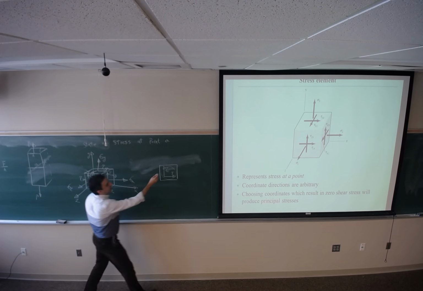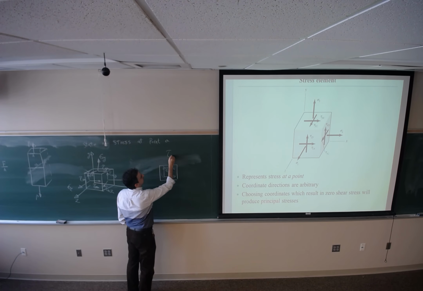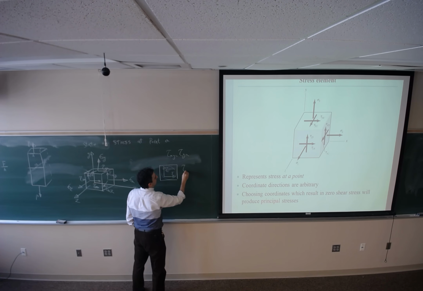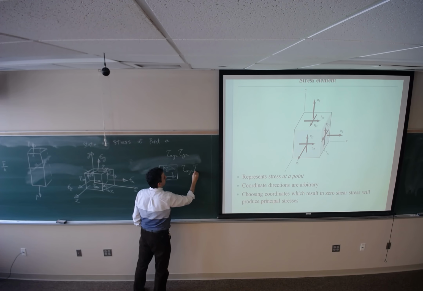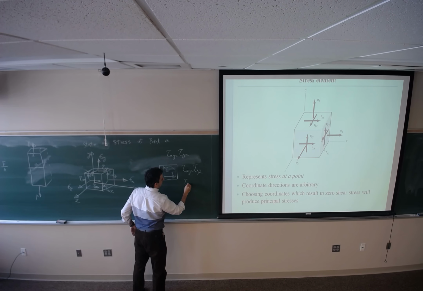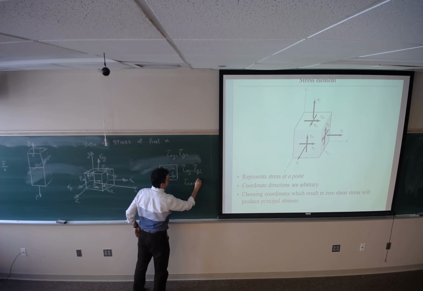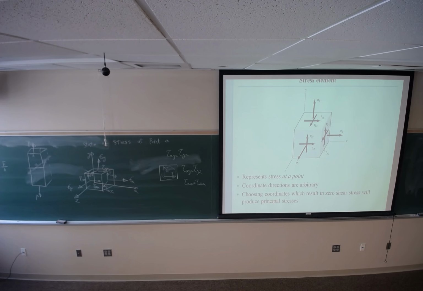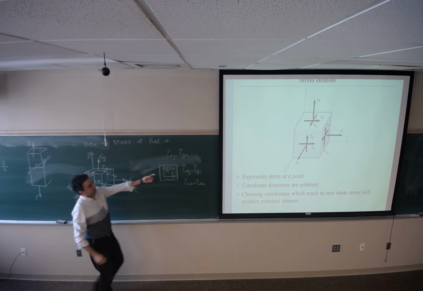We can prove or we can show that the cross shear stress are equal to each other. So tau xy is going to be equal to tau yx. In most of the case, we have these three.